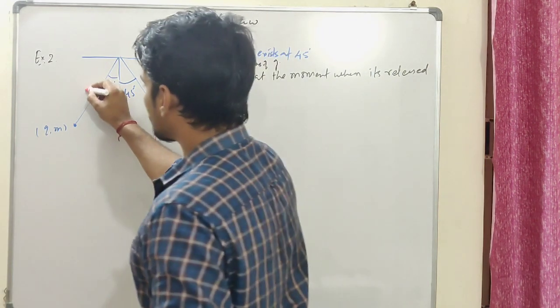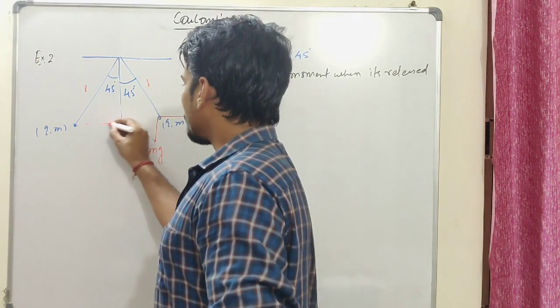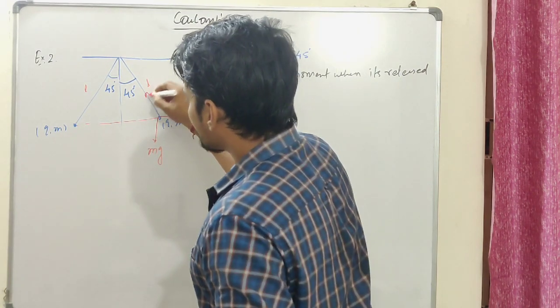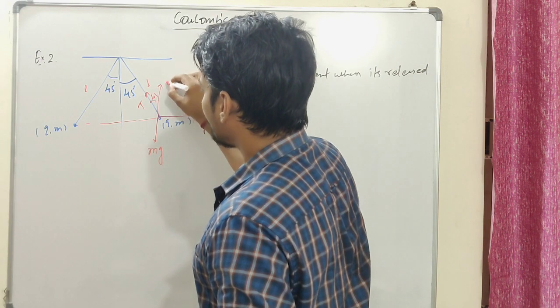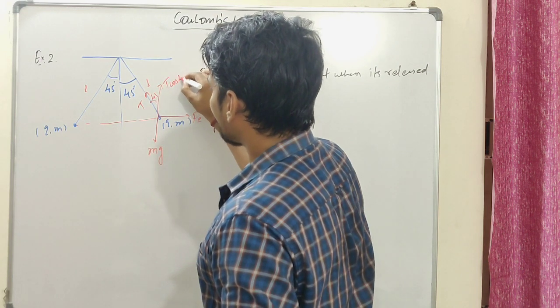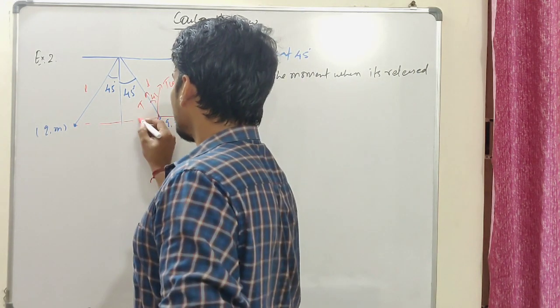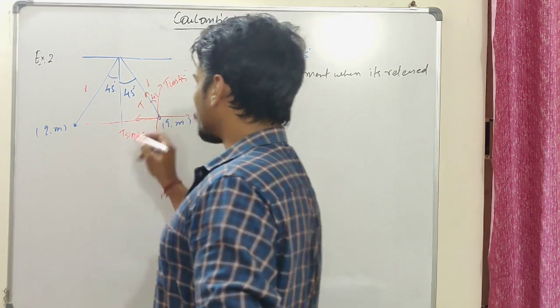Let the length of the string be L. Let me join these two. There's going to be a tension in this string T, and let's say this is 45 degree. So T cos 45 acting upward, and here we're going to have T sine 45 along this.